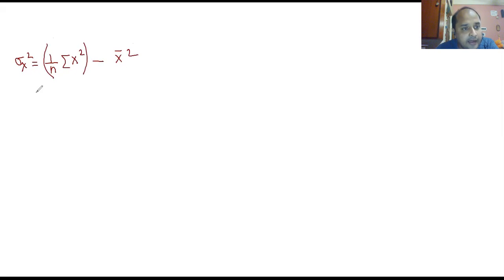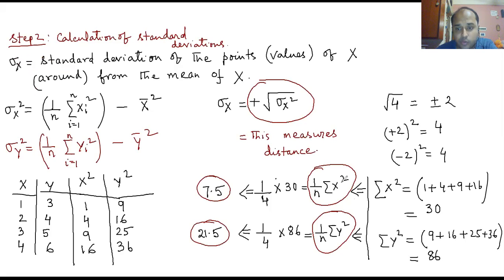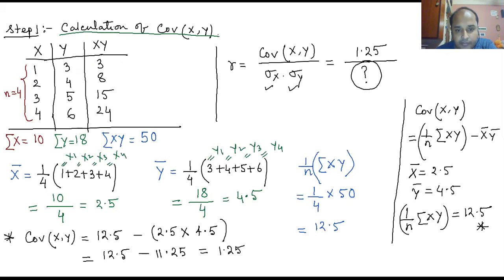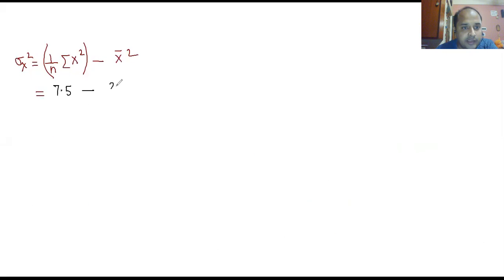From the previous page, 1 by n summation x square is 7.5, and the value of x bar was 2.5.